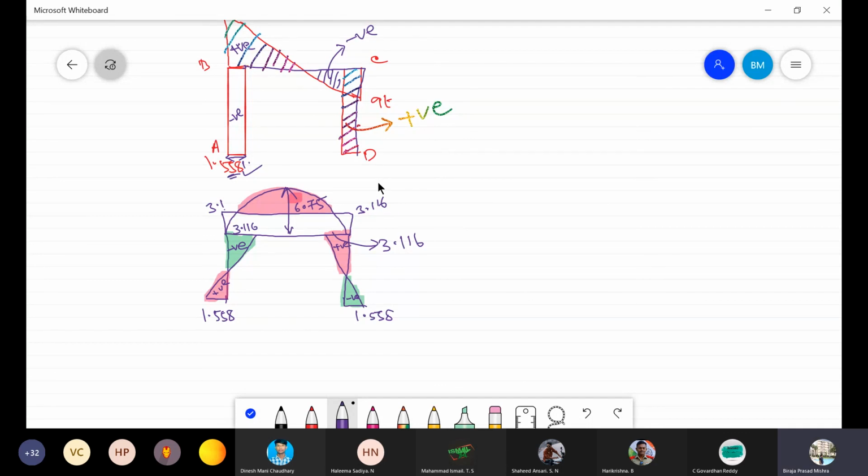Okay. So the next problem we can have is, shall we start a new problem with that moment distribution method? Because in the previous class we solved the moment distribution of a continuous beam which was having an overhang, and that too one support was sinking.